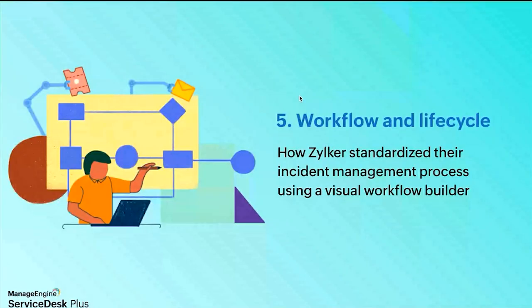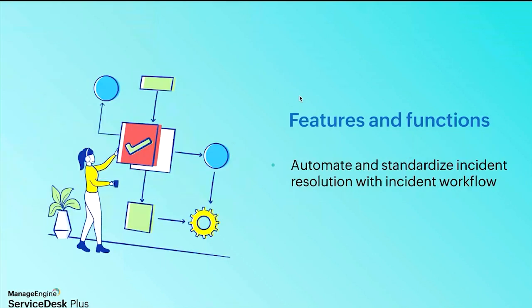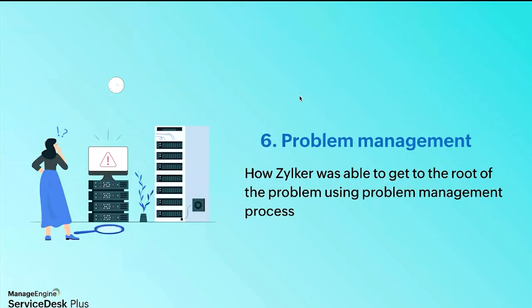Right? Then comes workflow and life cycles. We saw how exactly workflows and life cycles can be associated. A quick recap: workflows are end-to-end automated events, and life cycles are basically a workflow with manual touch points, right? Then came problem management.